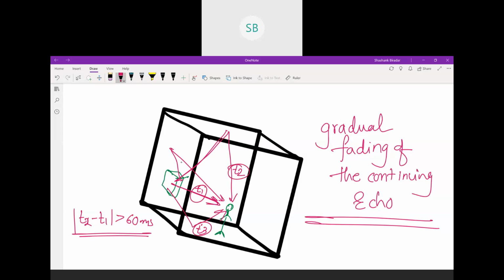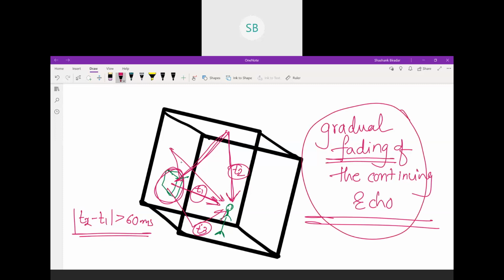Let us say at a certain point the source is stopped, then also we are able to listen to the sound by the reflected waves coming from various reflecting surfaces, and after some time they fade and vanish. So reverberation is that thing in which gradual fading of a continuing echo is observed.